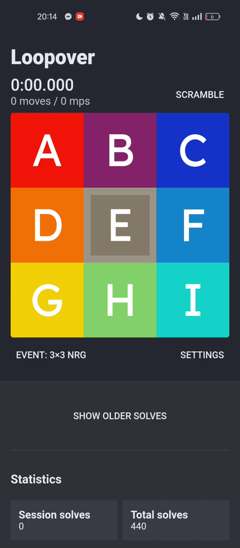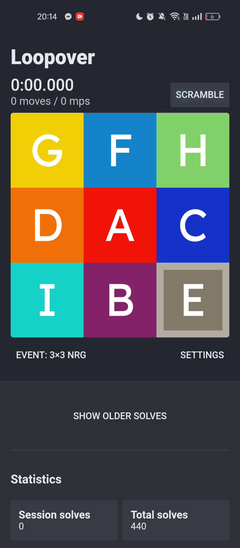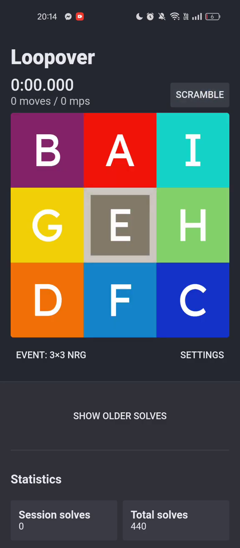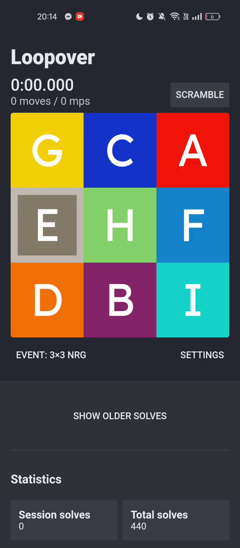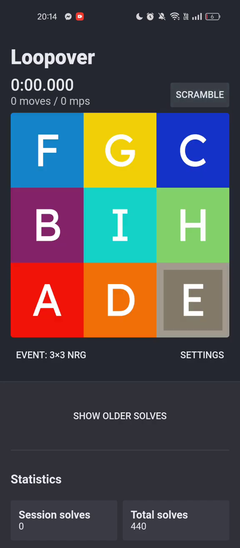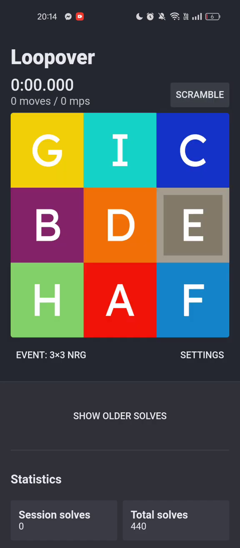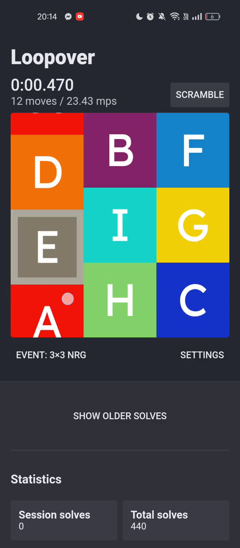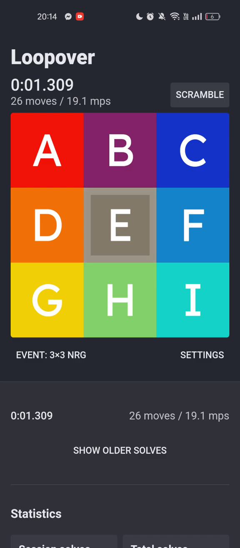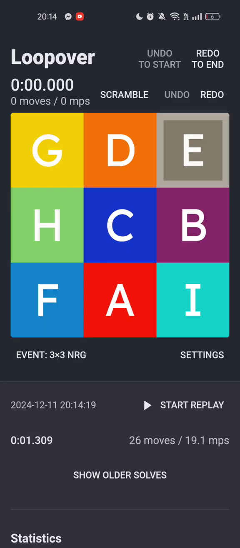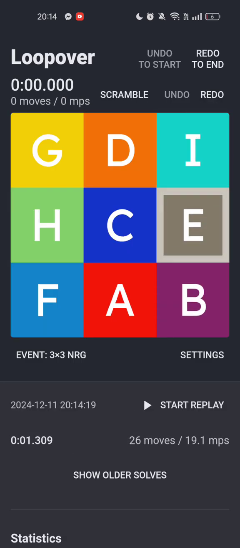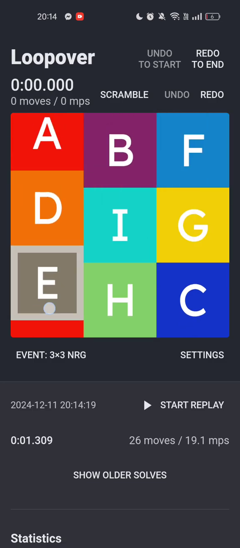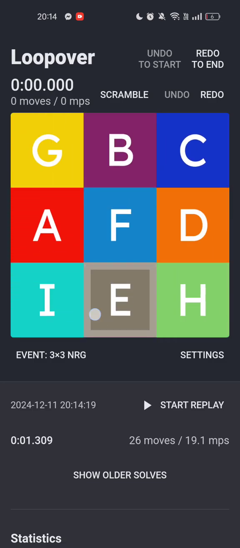So here's an example of the alg in action. Don't worry, I'm just looking for a scramble where this is applicable. Okay, so that solve kind of sucked, but pretty much what I did was solve A and B intuitively, and solve the rest with an alg.